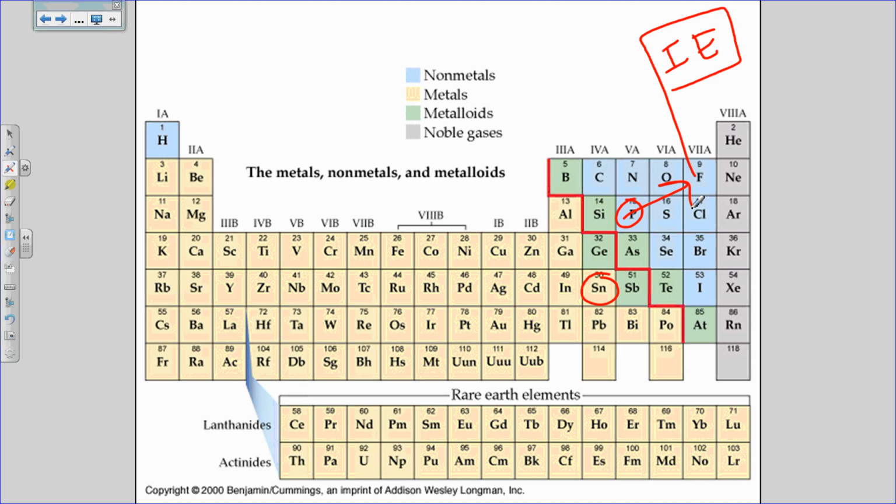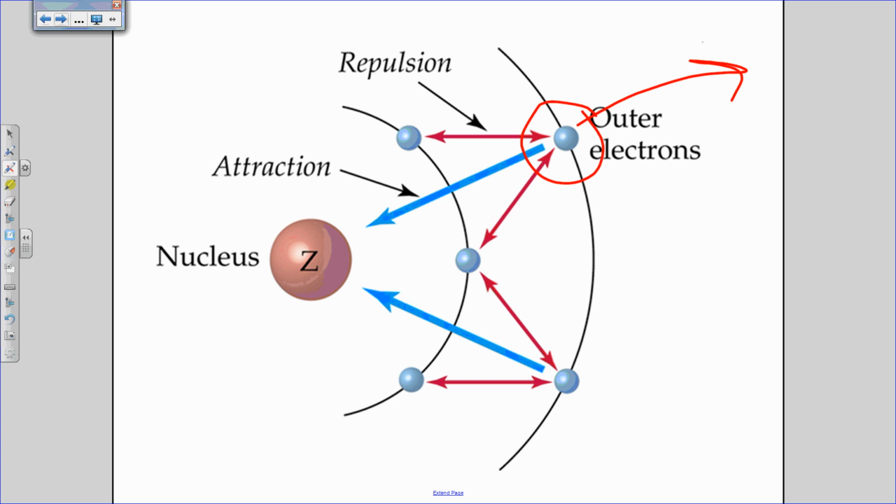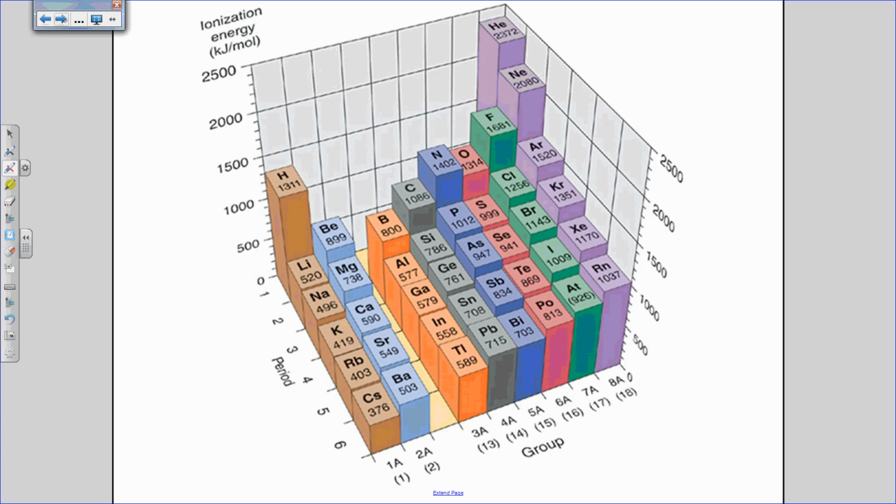Therefore, if you had to rank them, phosphorus would have a higher ionization energy than tin. If you were comparing calcium and potassium over here, calcium is closer to the flag, therefore it has a larger ionization energy.